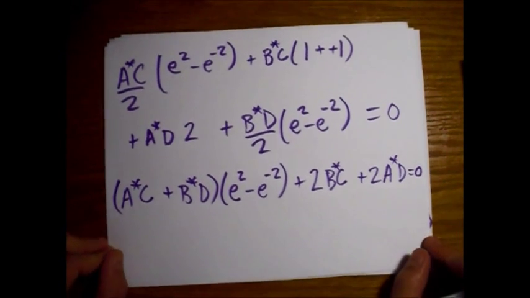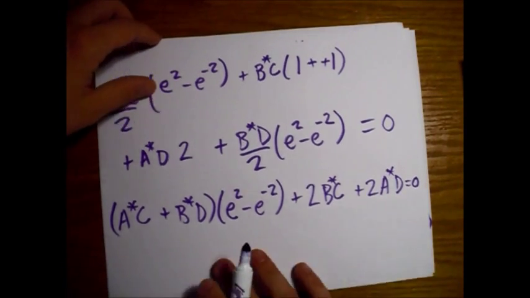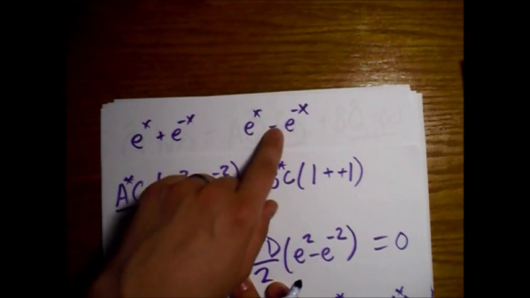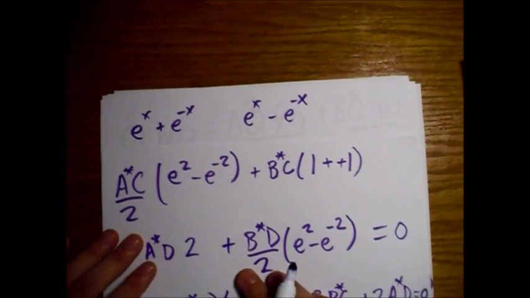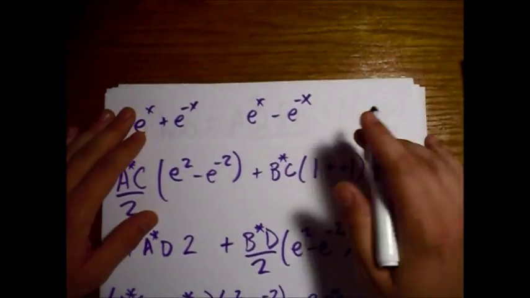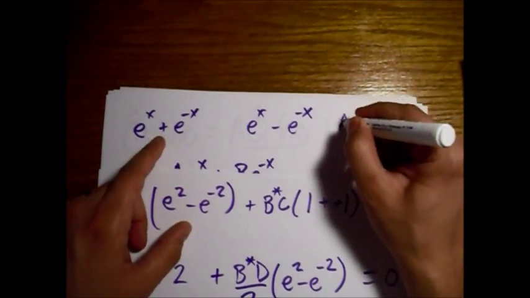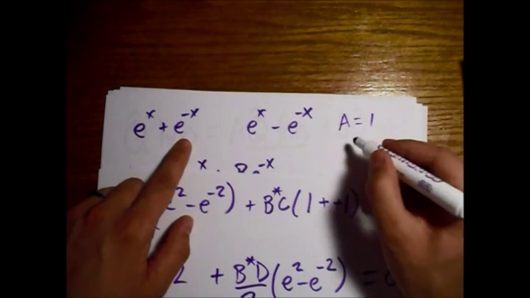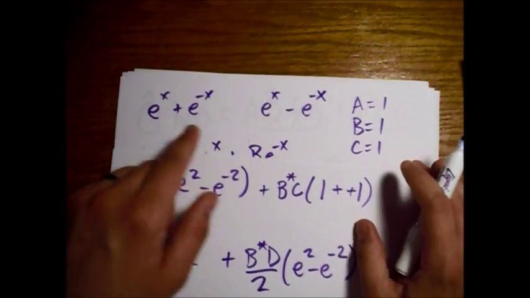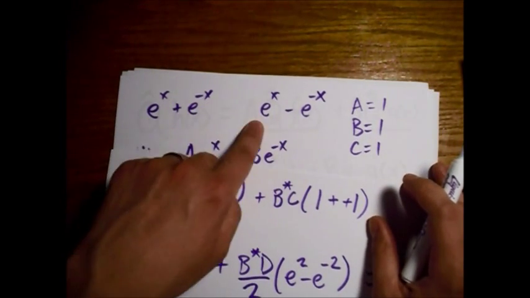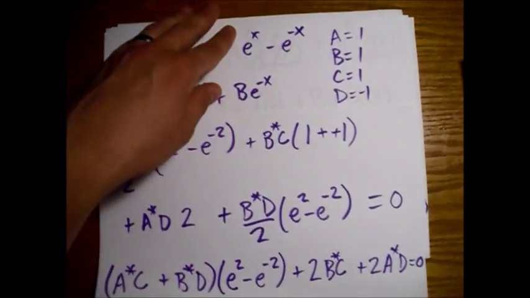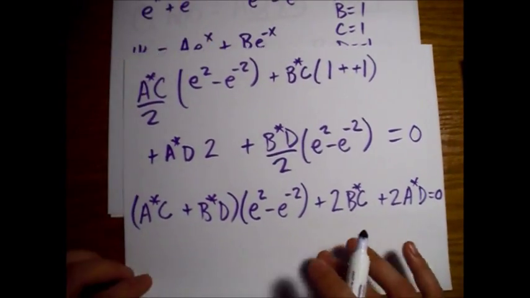So just real quick, let's look at the quick case that we talked about right at the beginning and make sure it works. In this case, we had, let's say, A equal to 1, B equal to 1, C equal to 1. There's a 1 in front, 1 in front, 1 in front, a minus 1 in front right here. So D equal to minus 1. Let's just check that real quick.